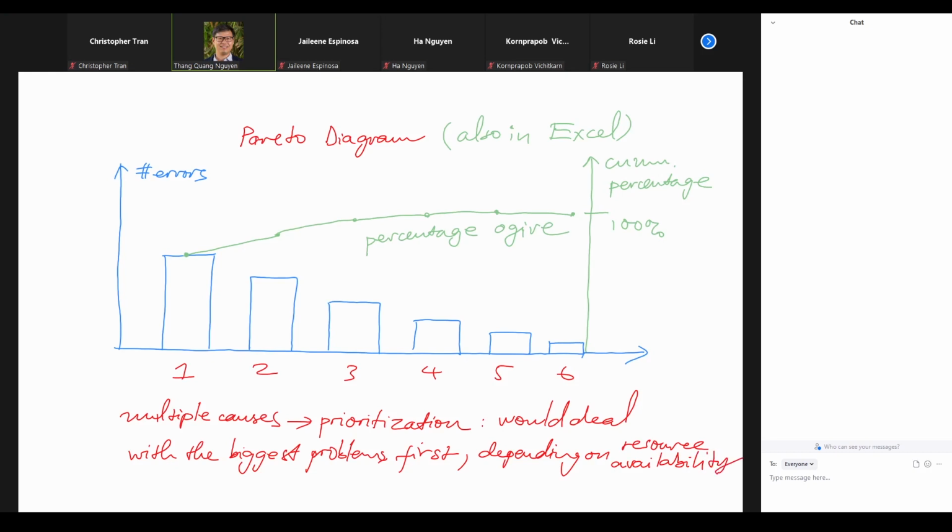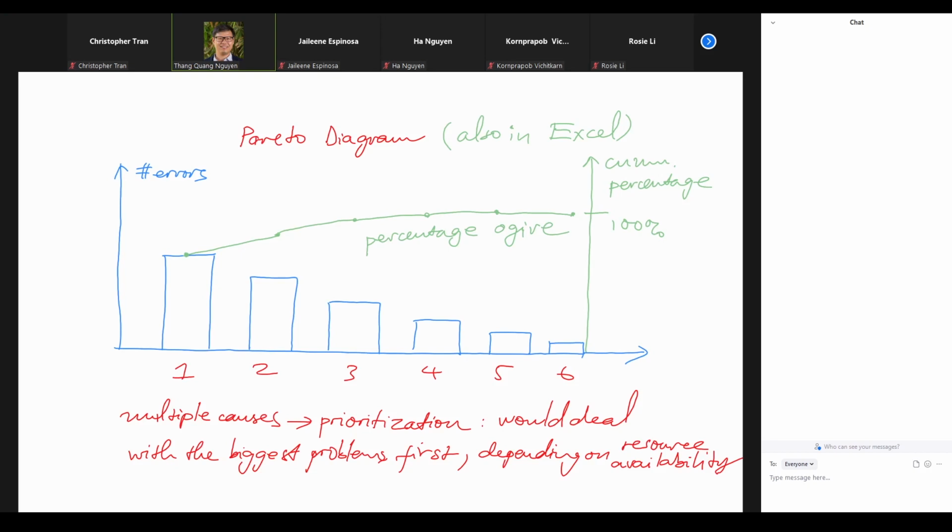So if we start with the first 3 biggest problems, we have covered 80% of all of the problems already, right? 80% is a big number. We drastically reduce the number of errors of our process.